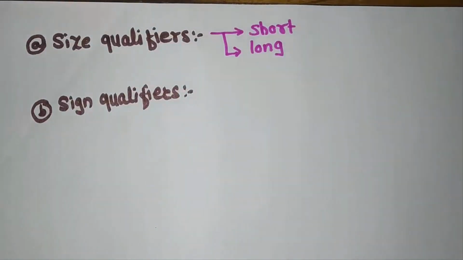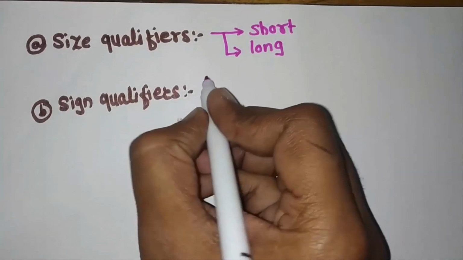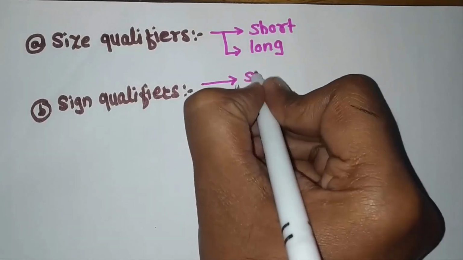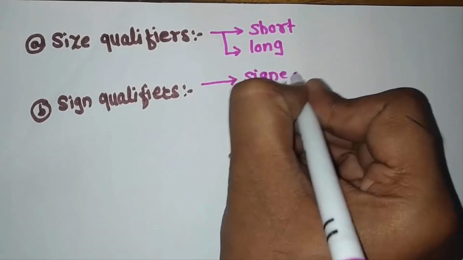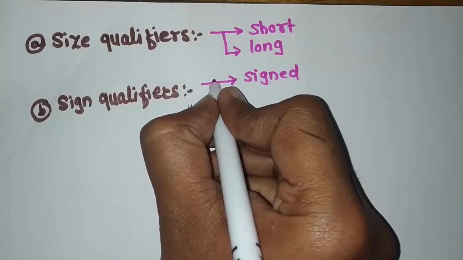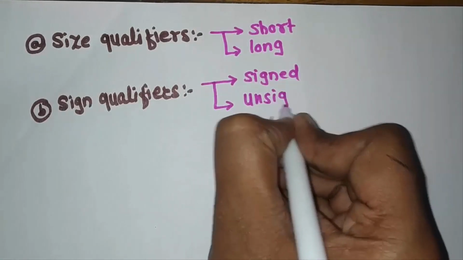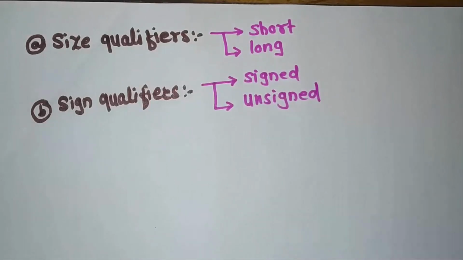It is associated with the size that is allotted for a variable, whereas the sign qualifiers are subdivided into two types. The first one is called signed and the second one is called unsigned. So these are the different type qualifiers used in programming languages.